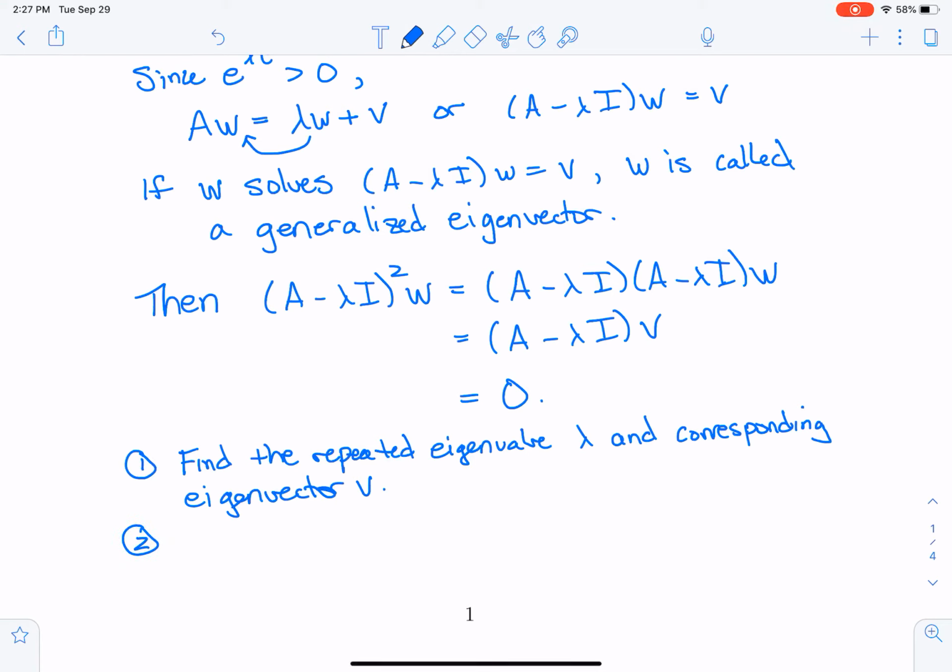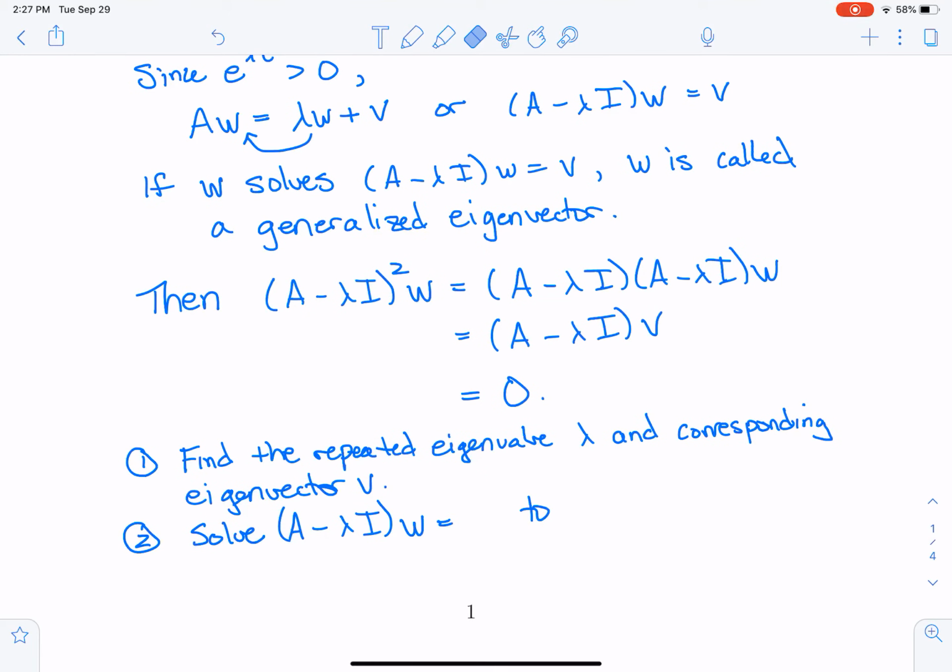Then you would solve a minus lambda I times w is equal to v to find w, our generalized eigenvector. So previously we had solved a minus lambda I times v is equal to 0.